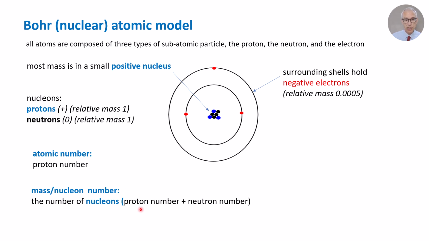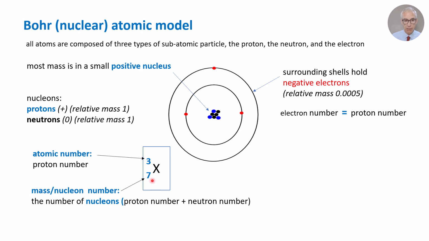In other words, the proton number plus the neutron number. We can deduce the number of electrons because the number of electrons in an atom is the same as the number of protons.